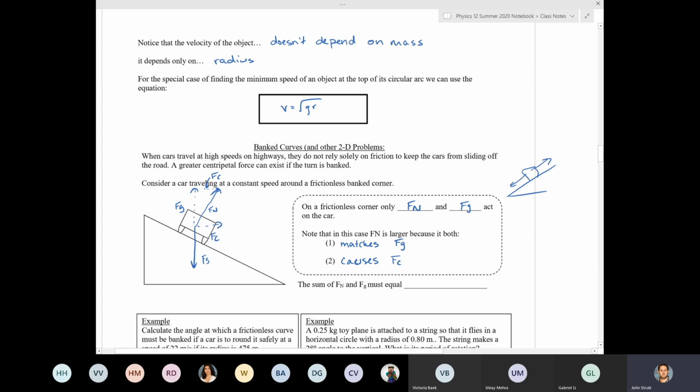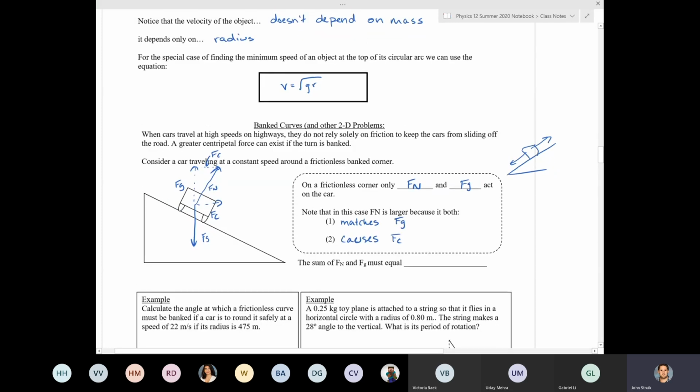If you add them together, FN plus FG equals this line right here, which is FC. So FN plus FG equals FC.